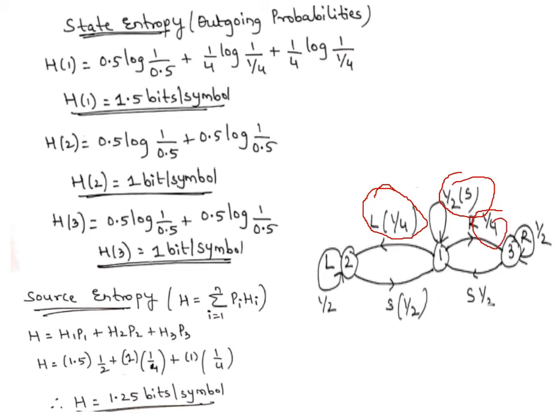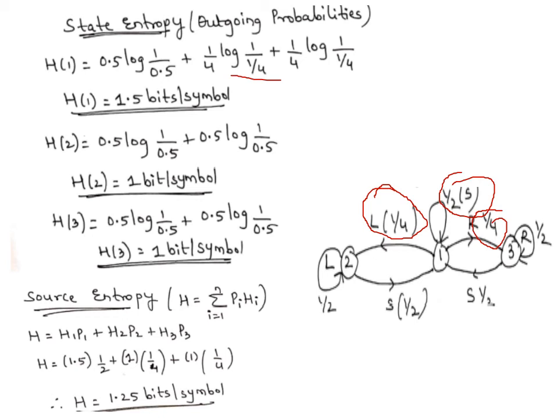So the equation is 0.5 log of 1 by 0.5, plus 1 by 4 log of 1 divided by 1 by 4, which can be written as log 4, plus 1 by 4 log of 1 divided by 1 by 4 to the base 2. On simplifying, we get entropy at state 1 as 1.5 bits per symbol.